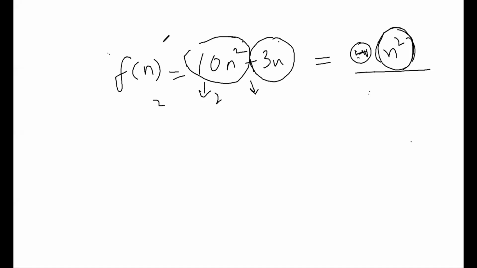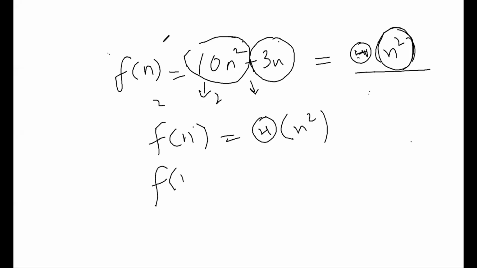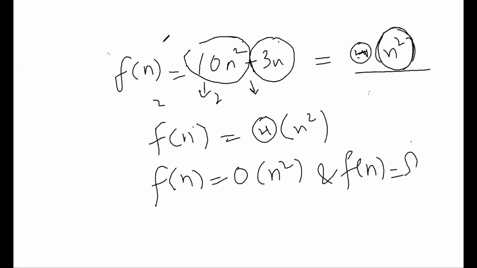It says that if Fn is theta of Gn, where Gn is n square, which means Fn is O of n square and Fn is omega of n square.